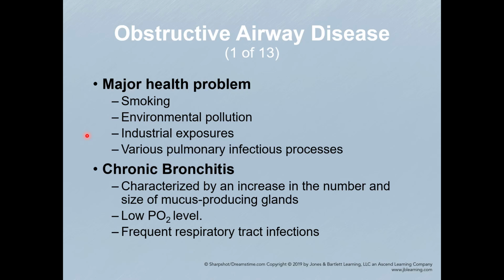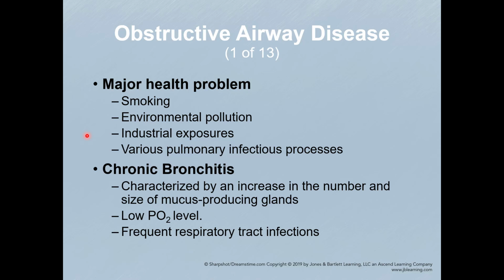Chronic bronchitis is characterized by an increased number and size of the mucus-producing glands inside the pulmonary system. This increase results from prolonged exposure to irritants such as smoking, inhalations, like again going back to industrial exposures and so on.